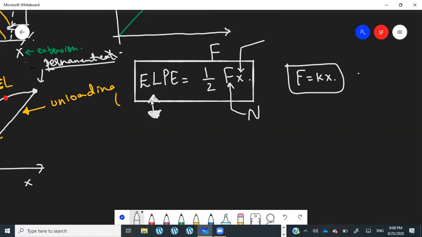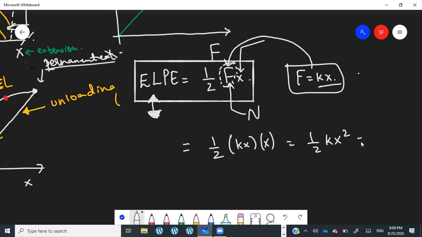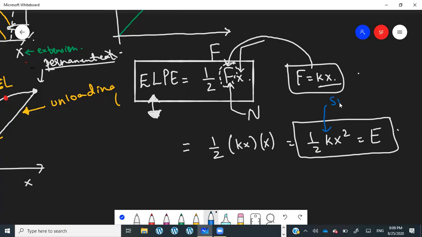Basically, all you need to do is just replace this F by Kx, and you'll get half multiplied by Kx multiplied by x. This will give you half K x squared. That's the second formula for calculating elastic potential energy stored inside a spring using the spring constant, given that the spring constant is provided and this x is extension.